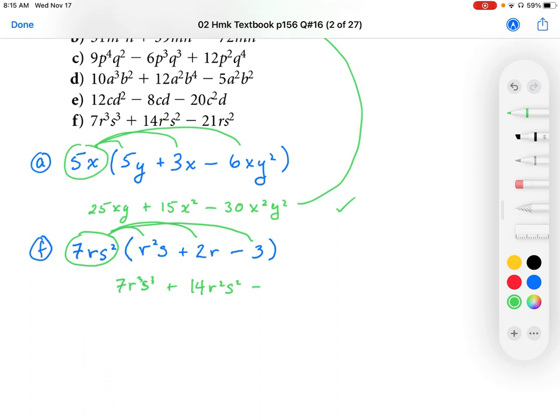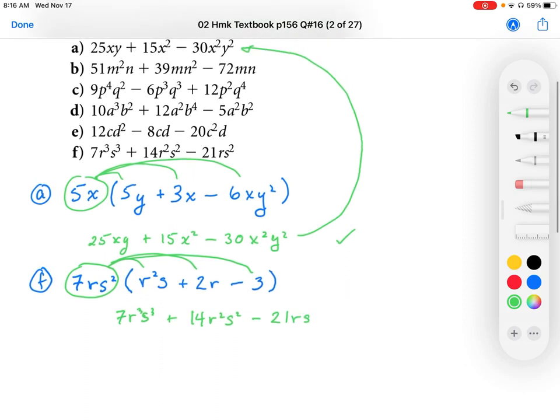And then we also have the s squared there. Minus 3 times 7 is 21. And we have the rs come with that. And again, we check that with what we started with. I made a mistake here because I should have multiplied by s squared. So when we check our answer here, our answers match. Okay, so then this must be the correct factoring.